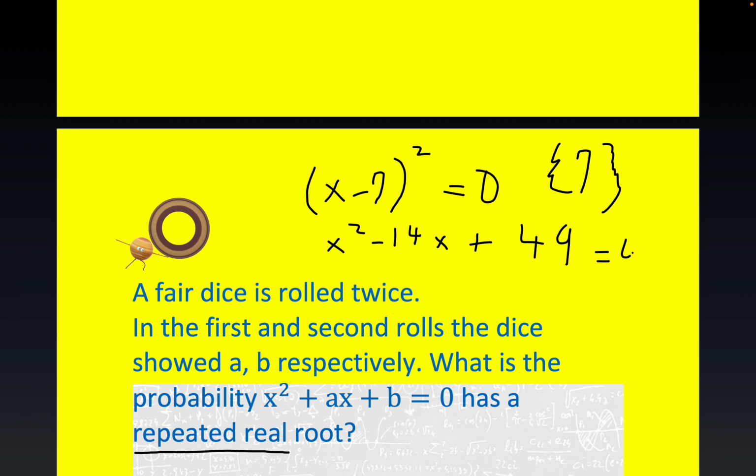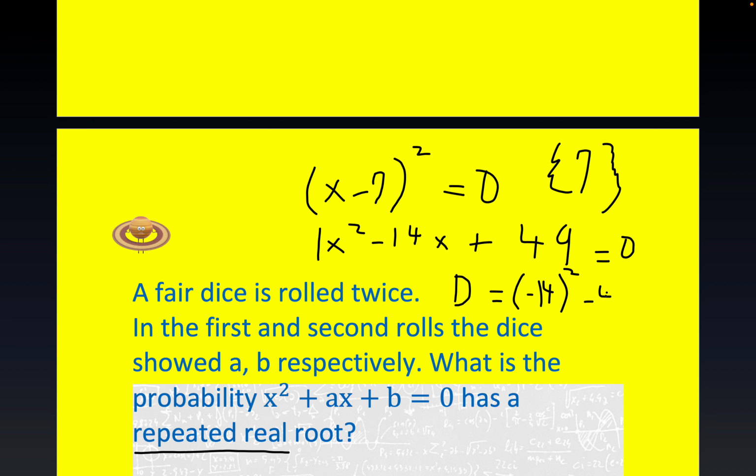Now, y'all recall the discriminant is the coefficient of x quantity squared minus 4 times the constant term. And it's actually 4 times 1, but there's none. This is a monic polynomial. So the discriminant here, and I'll just call it big D, is equal to minus 14 squared, which is 196, minus 4 times 49.